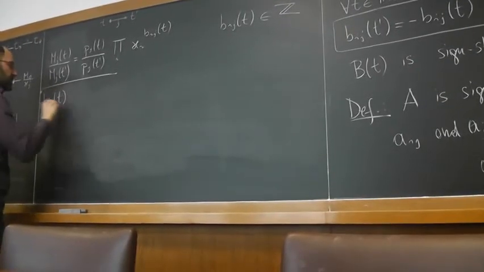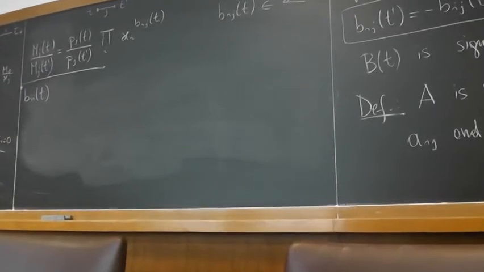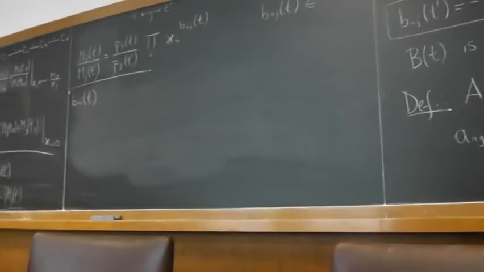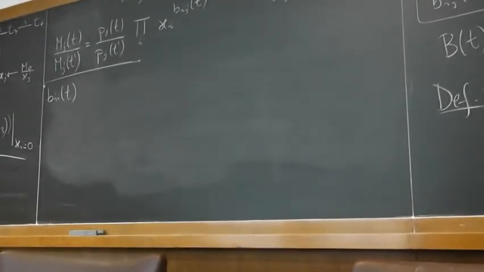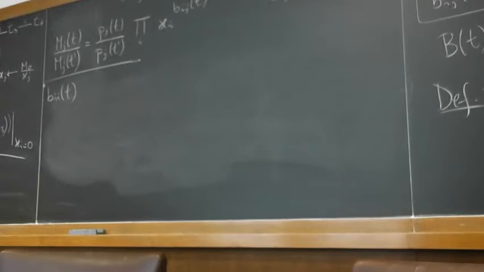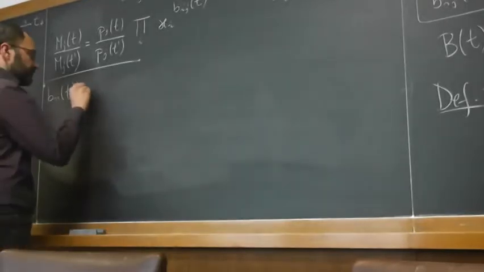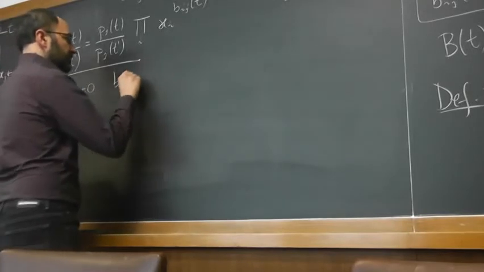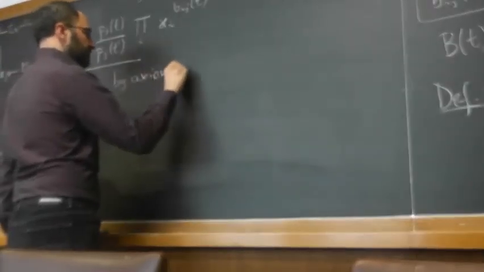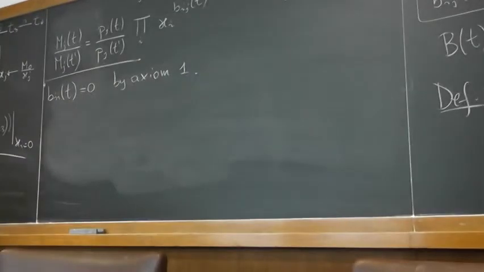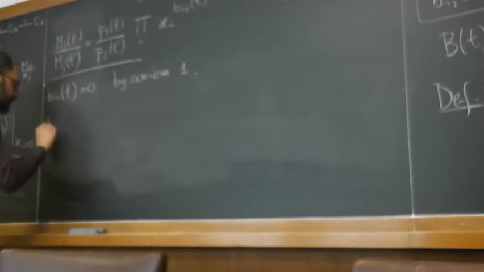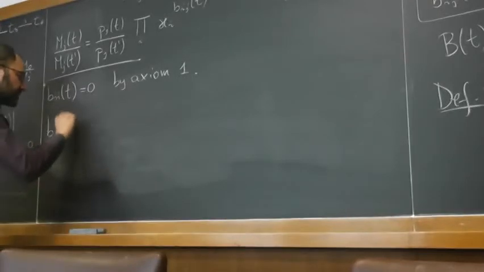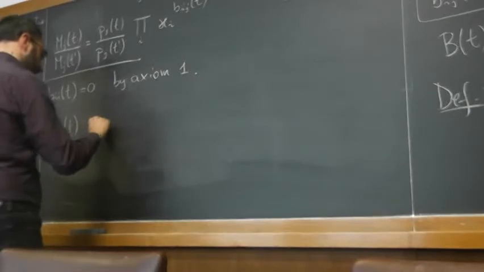Biit, so this is by definition the exponent of xi in MIT, which is 0 by axiom 1. Then let's see if Bijt and Bjit.